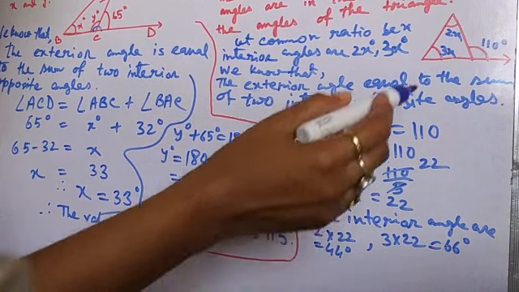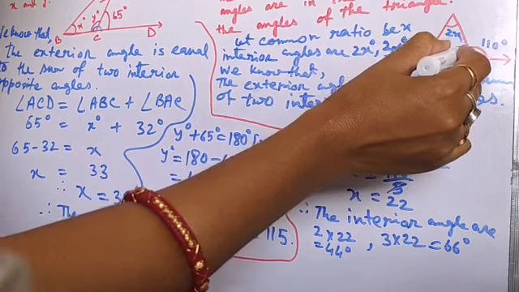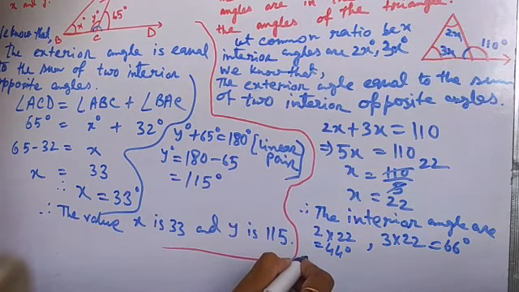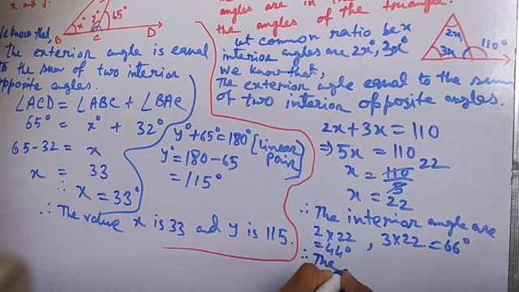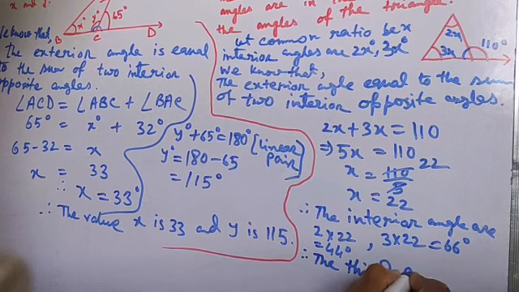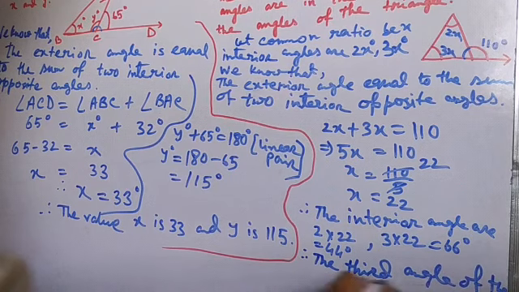So I will find the third angle of the triangle, that means this one. Therefore the third angle of the triangle equals 180 degree minus 110 degree.